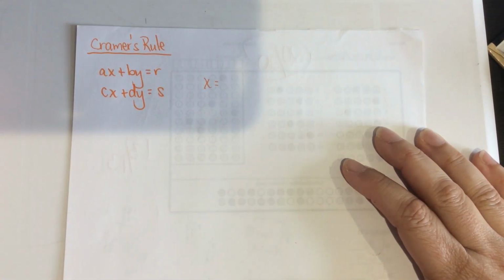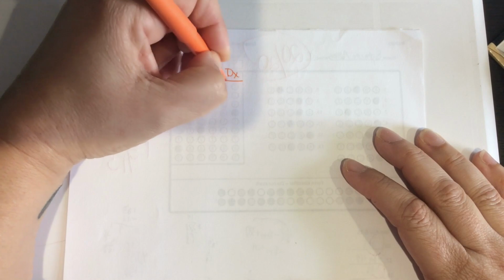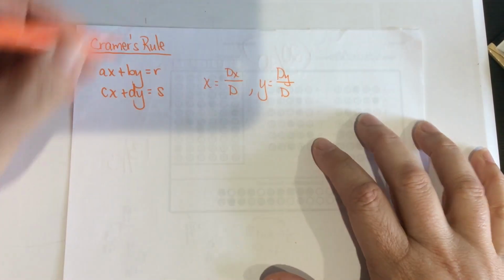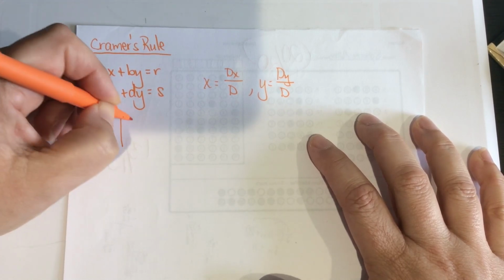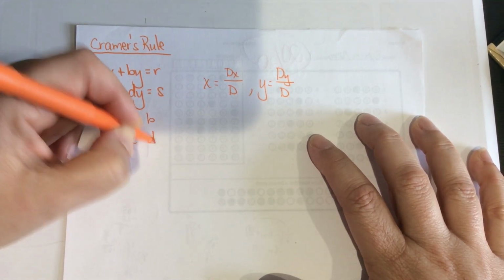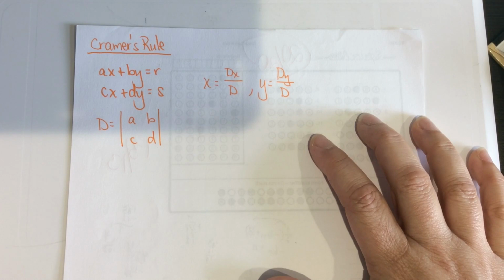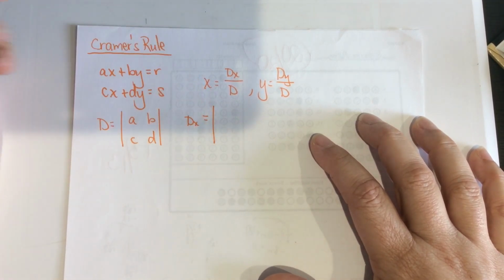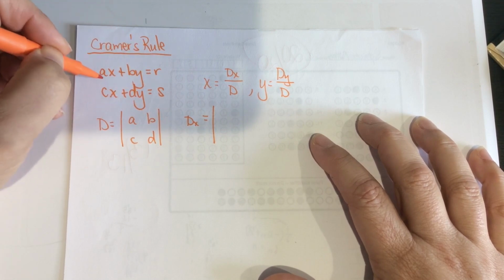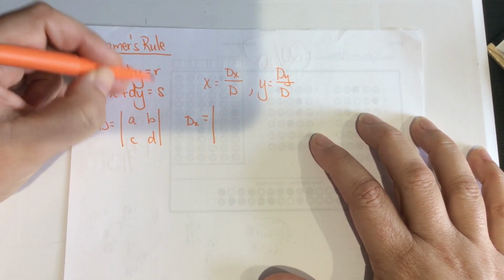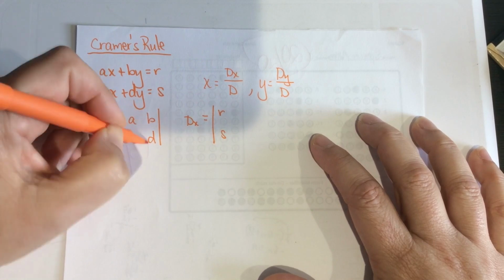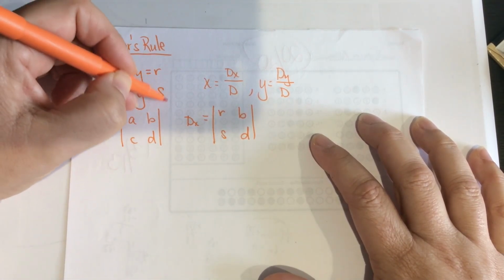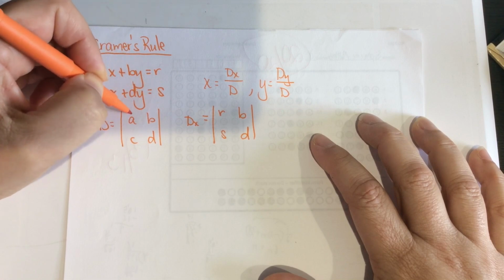The x coordinate is the D sub x over D, and the y coordinate is the D sub y over D. The D is just the discriminant of the coefficients, the denominator of both of those. For D sub x, remember we take the x column and replace it with the answers. So instead of the AC, we have the RS, but the BD stays. Okay, so we're basically taking this and putting it right there.